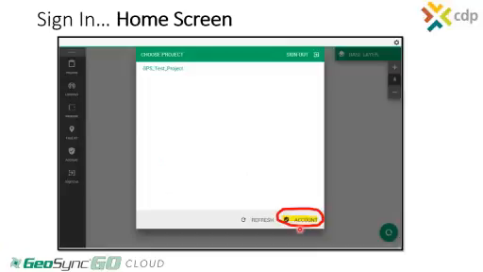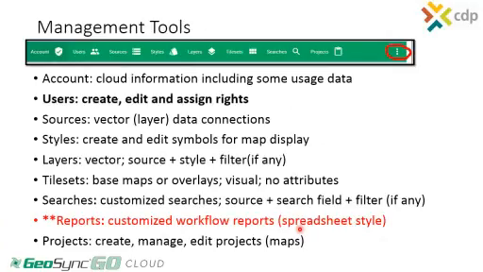Upon clicking that, you will go to the management tools. Today, as I mentioned, we will be looking at creating users and projects. The users tools allow you to create users, assign the rights those users have in the project, and you can also go back and edit those users if need be.